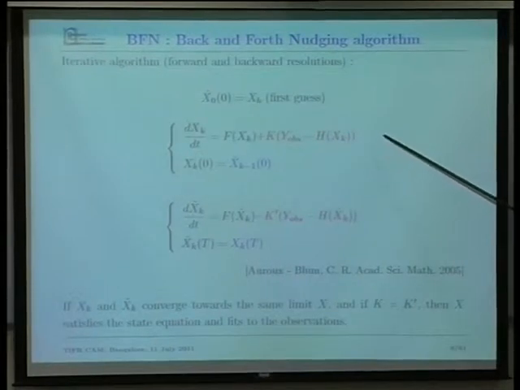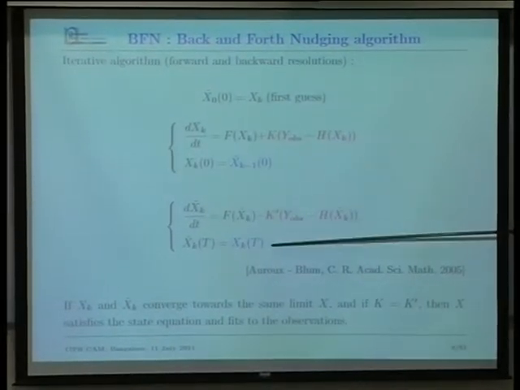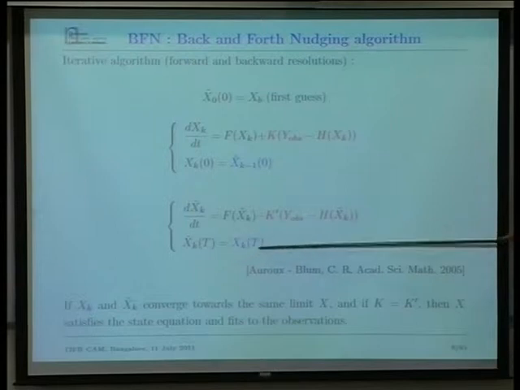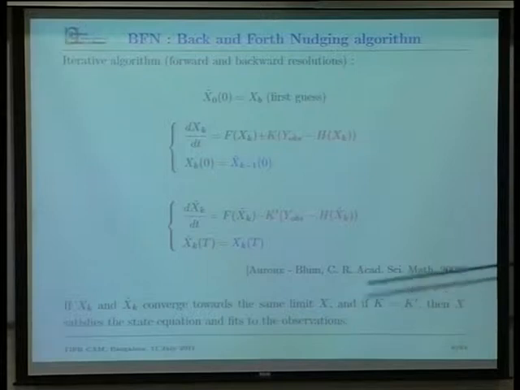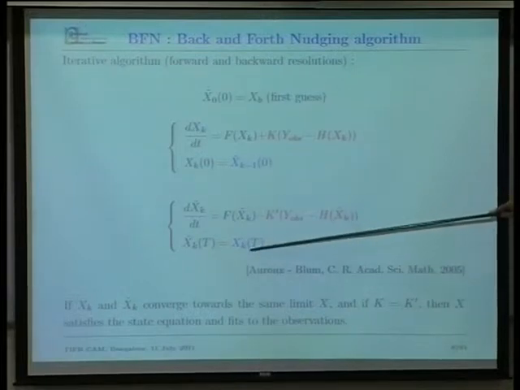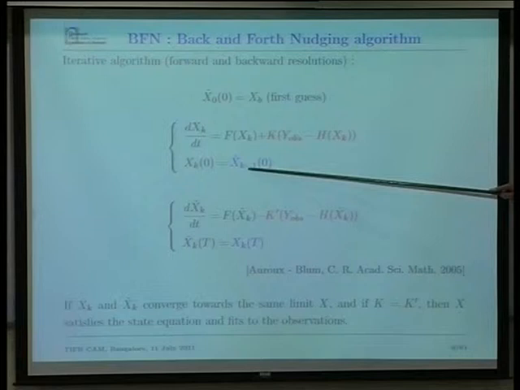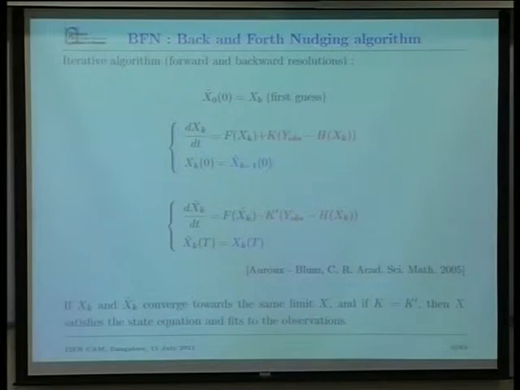Once you are at the final time T, you use this final condition to initialize the backward model with feedback to the observations, and you solve it until you are back to the initial time. Then you start again with what you got from the previous iteration, forward and backward resolution, and you hope that after some time you will get a good solution.